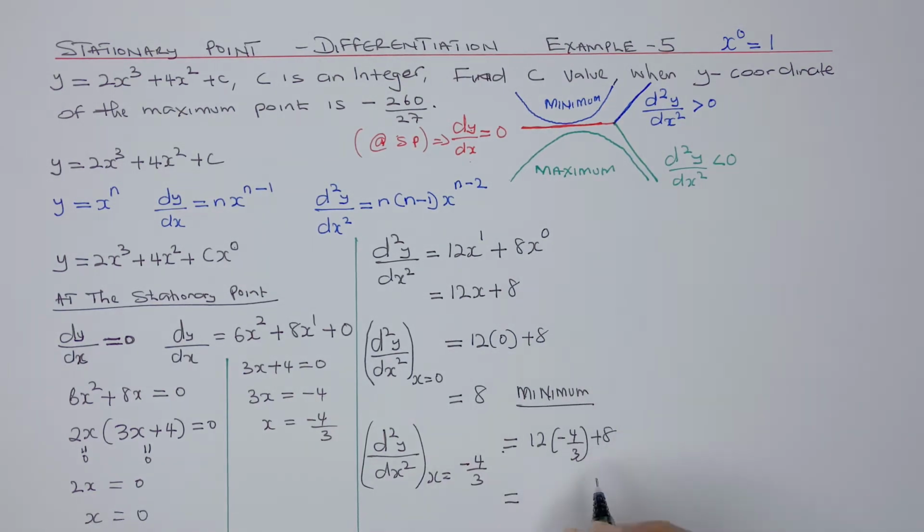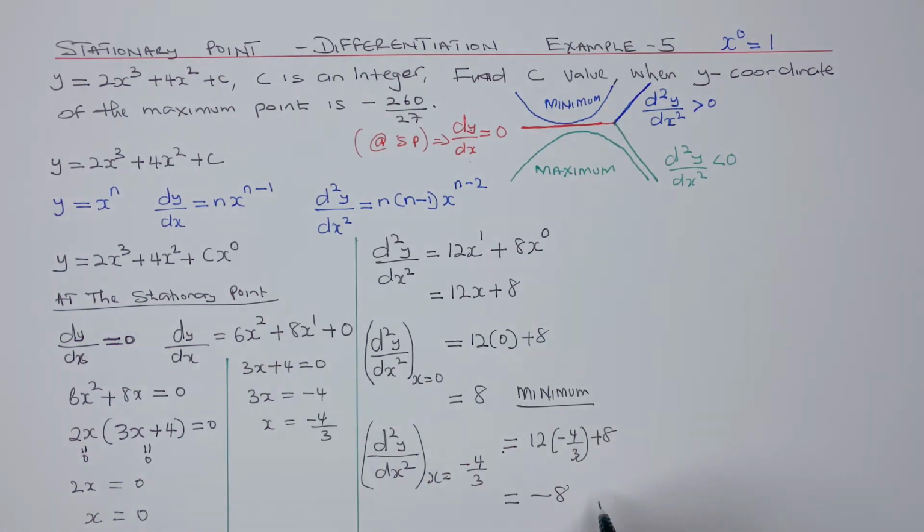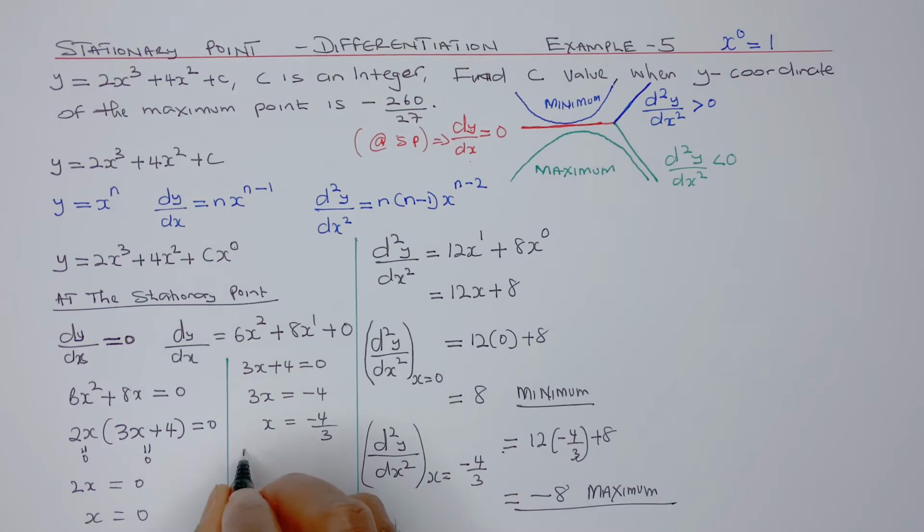Well, 12 divided by 3 is 4. 4 times minus 4 is minus 16. Minus 16 plus 8 is minus 8. And that is negative, less than 0, so that is maximum.